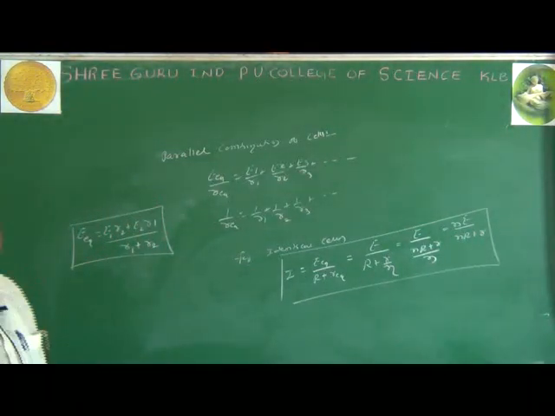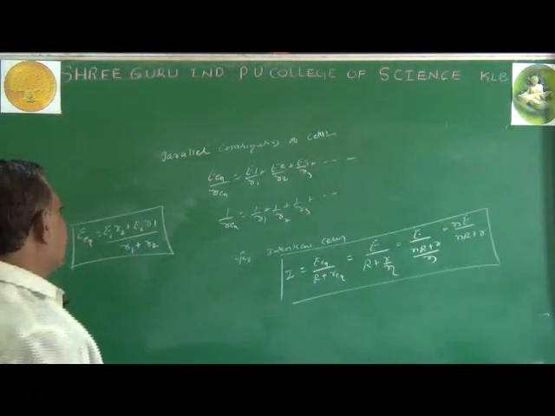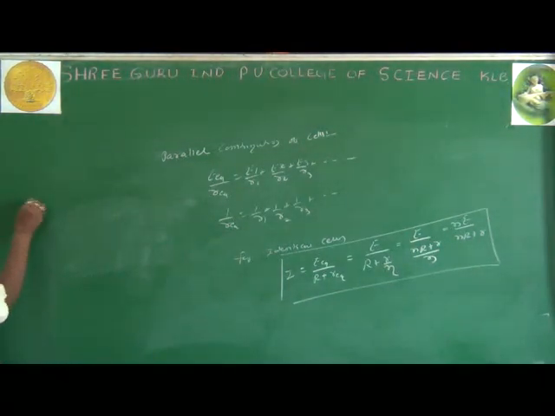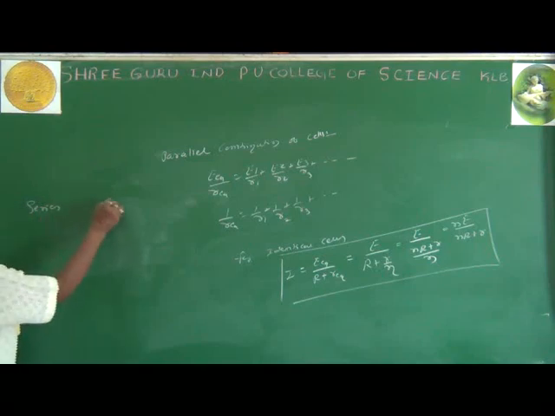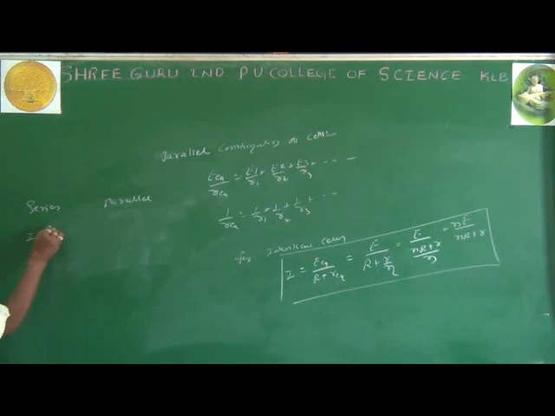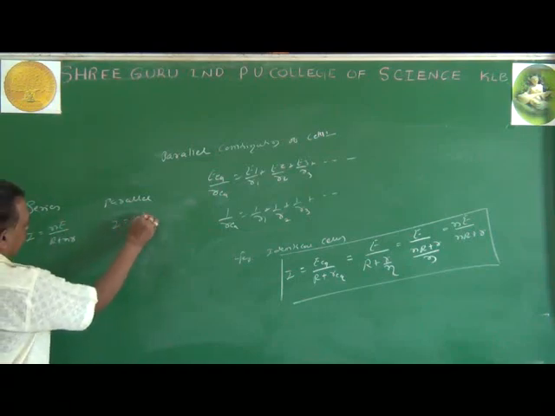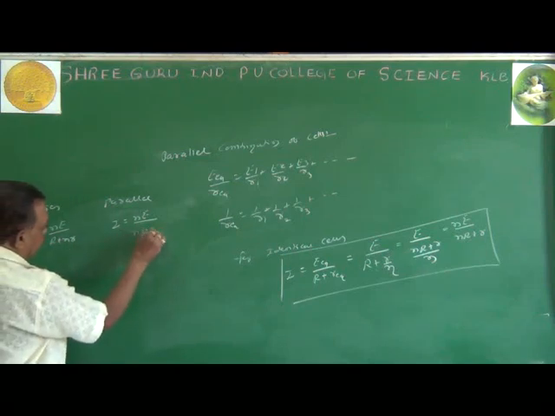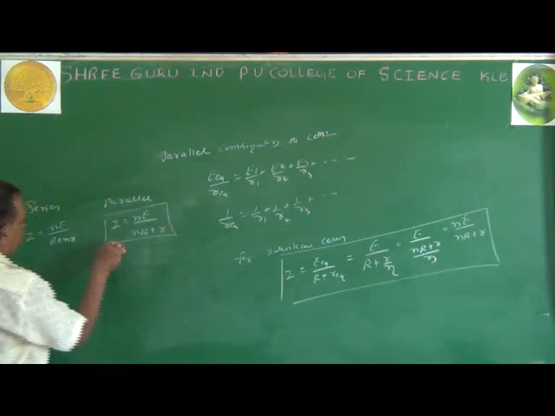So simply remember for the series and parallel, I make the equation to be here. Series identical cells, parallel identical cells. I equals nE divided by R plus nr. So for parallel, I equals nE divided by, this n is shifted to here, nR plus r. Don't be confused.